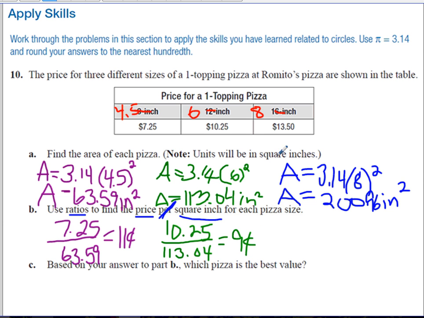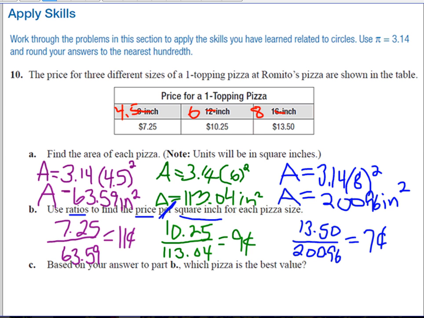Now let's look at the large pizza. We have $13.50 for the cost and 200.96 as the area. And so when we divide that, we get 7 cents per square inch.